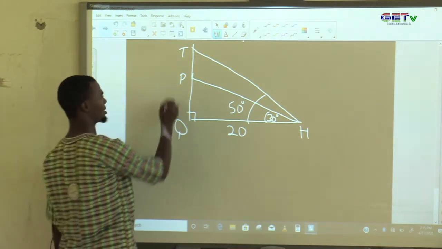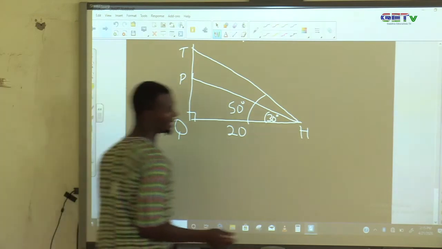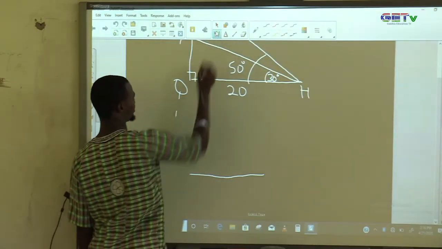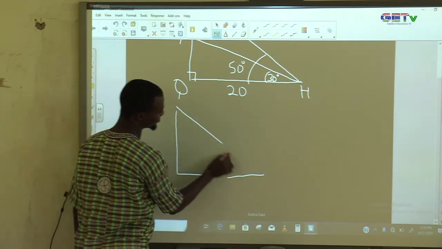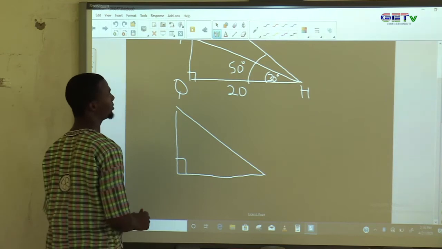Let's first find the distance TQ with the right angle triangle THQ. To get the right angle triangle, this is the right angle.